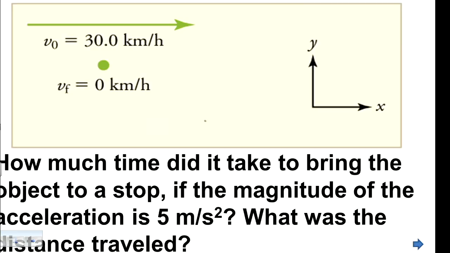This symbol, V sub-0, people call it V naught. It's the same as V initial. That's the initial velocity. And the next symbol, V subscript F, is the final. So the initial velocity points to the right. But eventually it stops.